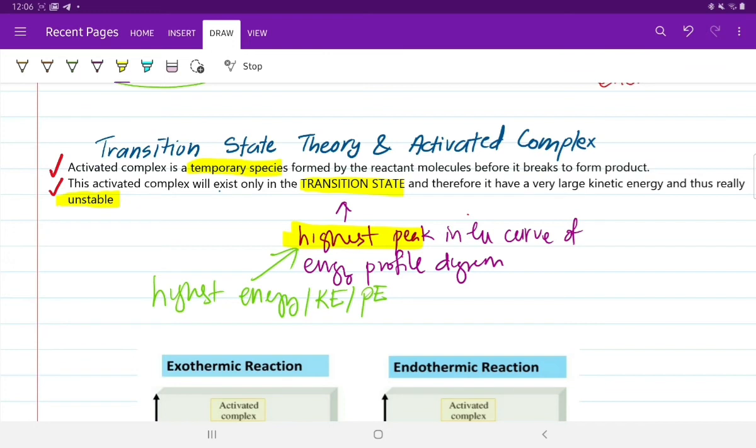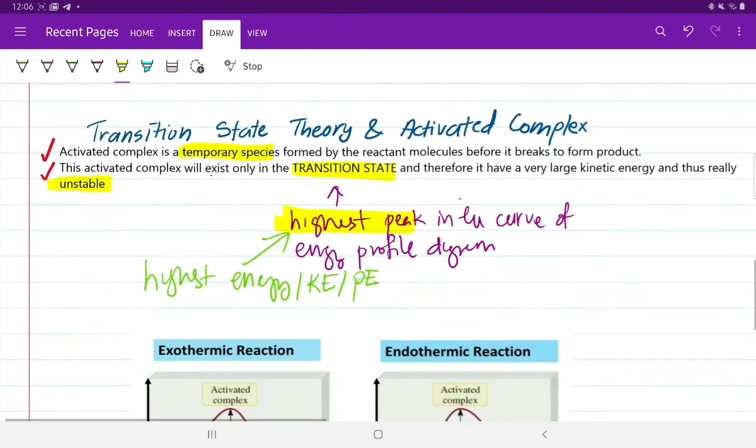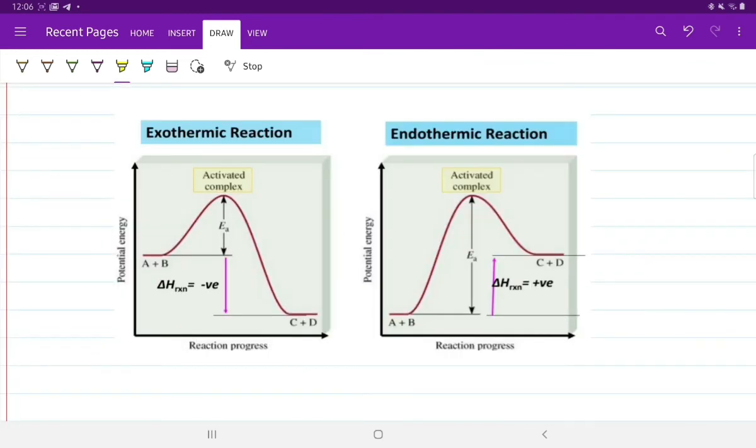So let's look and label where your transition state is, based on your energy profile diagram. I have here my energy profile diagram for both the exothermic reaction and the endothermic reaction. I told you just now, the activated complex is just a temporary species which exists at the transition state.